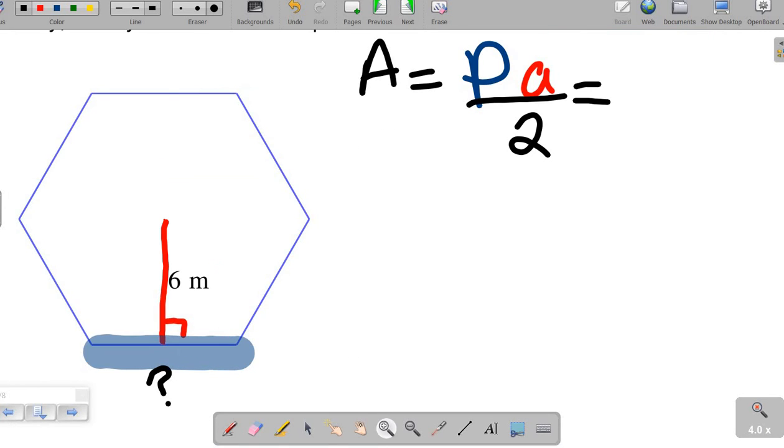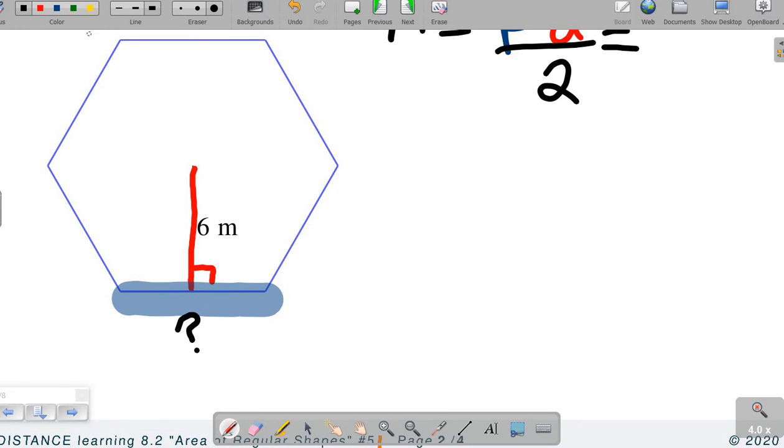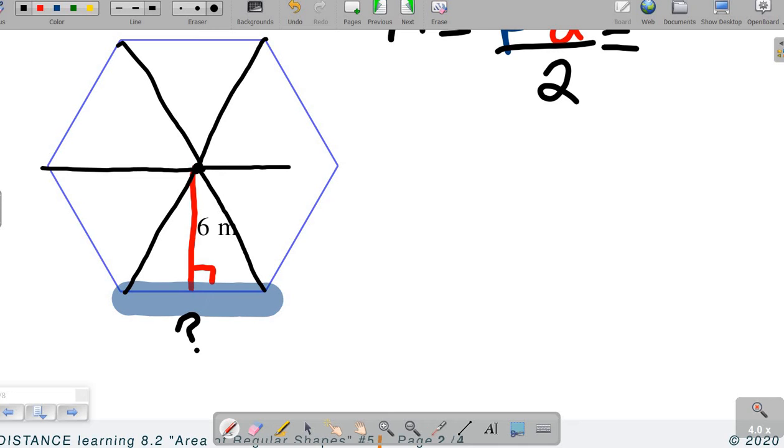So let's come in close. There's a trick here. Step 1 is I'd like you to draw in all the radii. 1, 2, 3, 4, 5, 6. Now, look just at these central angles. 1, 2, 3, 4, 5, 6.